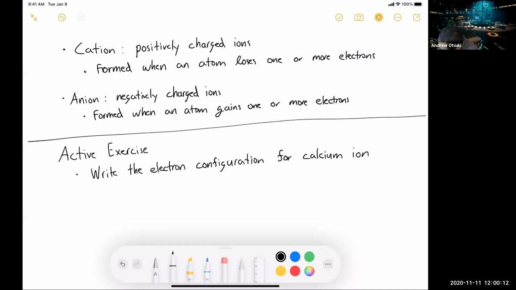And I also want you to think about with what noble gases its ions are isoelectronic.